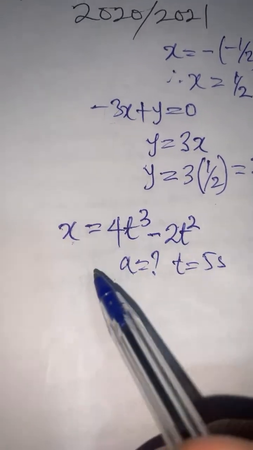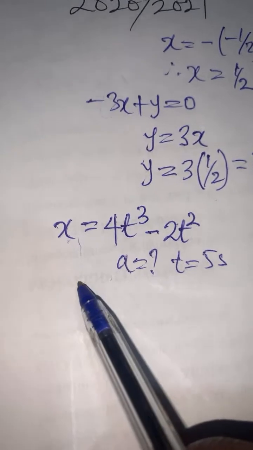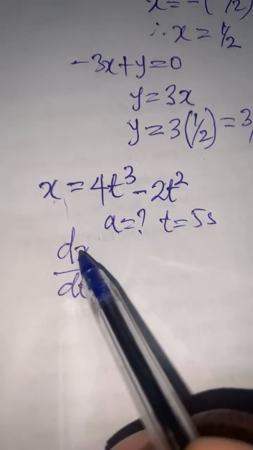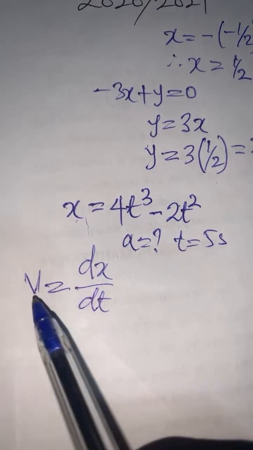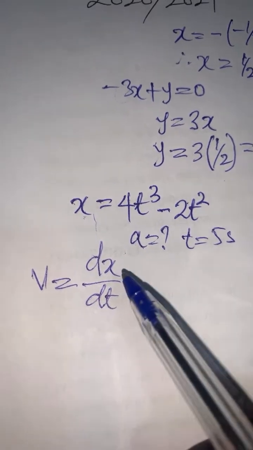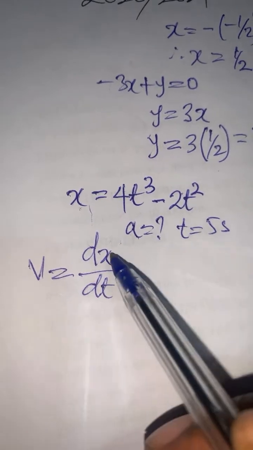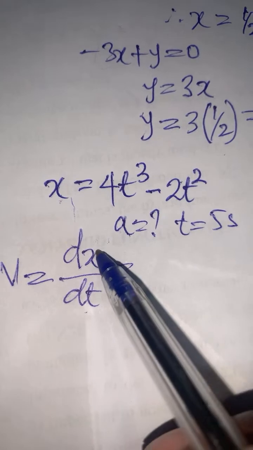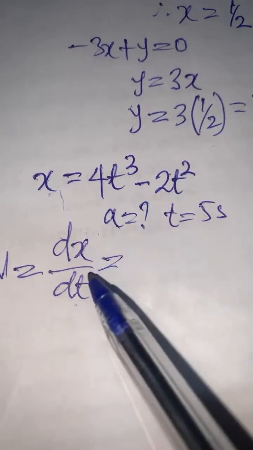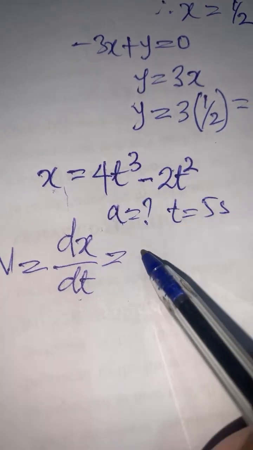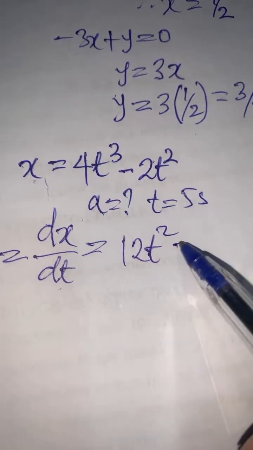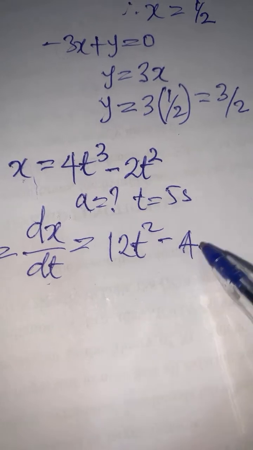But if you want to do the long way, you know that when you have dx over dt, the dx over dt is the same thing as velocity. If I ask you to define velocity, you tell me that it's the change of distance over time. Is it not true? So that means taking the derivative of this x with respect to t. Here we have 12t squared, minus here we have 4t.